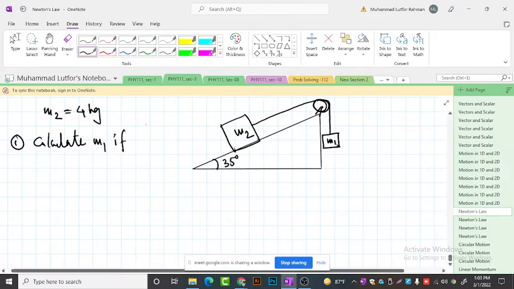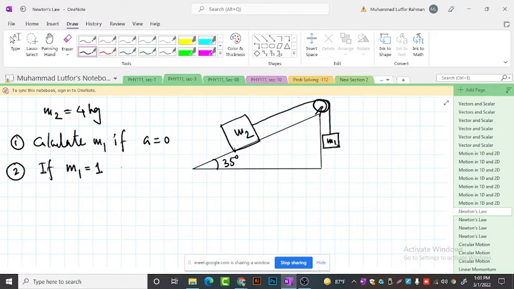If a equals 0, that is the first question. Second question: if M1 is more than 1 kg, whatever you calculated in section 1, say I find out when the acceleration is 0 that M1 is 2 kg.